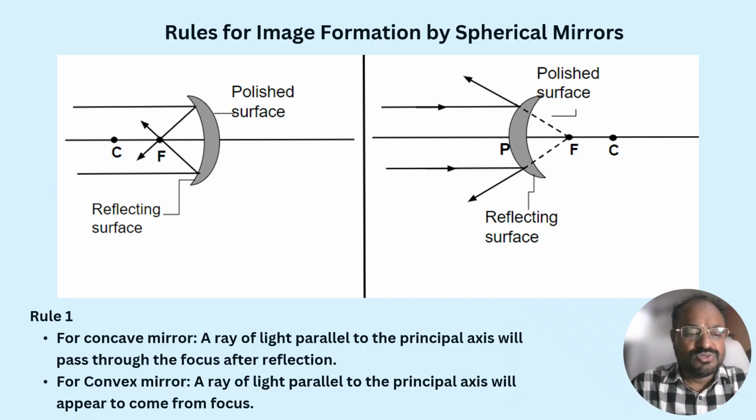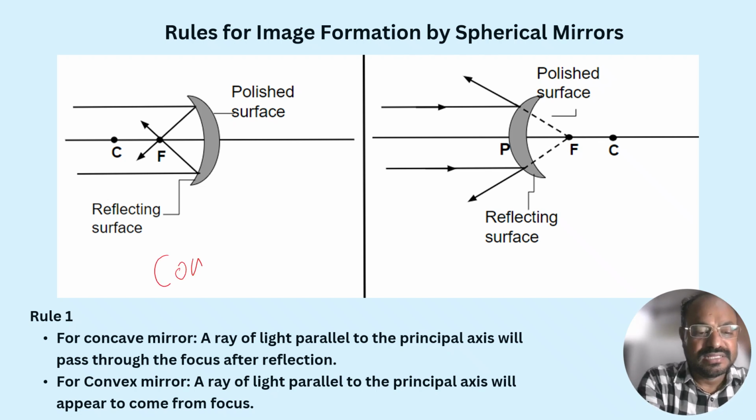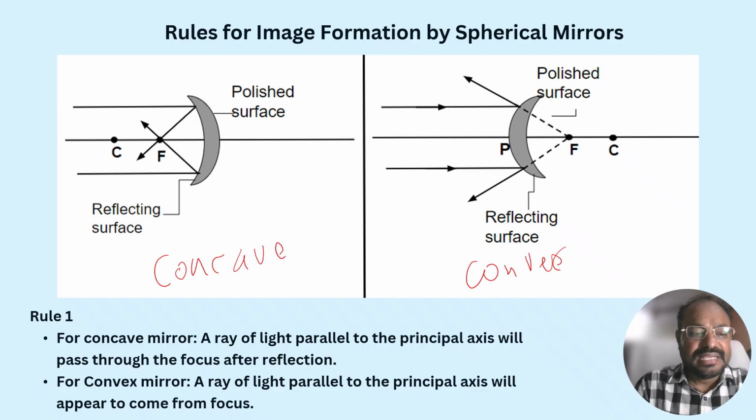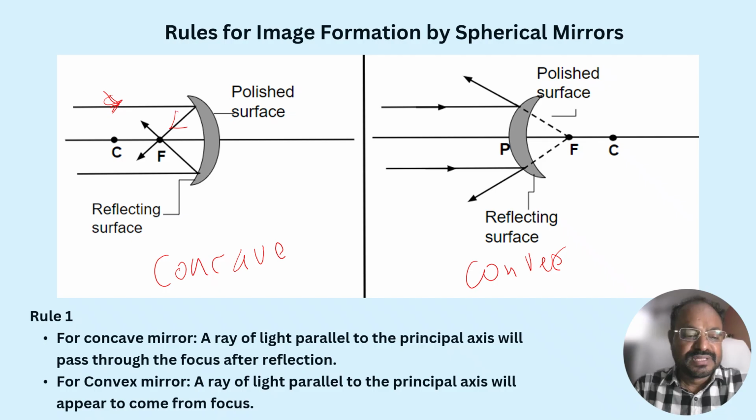Rule 1. You see the diagram first of all for a concave mirror on the left hand side and convex mirror on the right hand side. This is a concave mirror. This is a convex mirror. For a concave mirror, a ray of light coming parallel to the principal axis will pass through the principal focus, capital letter F, after reflection.